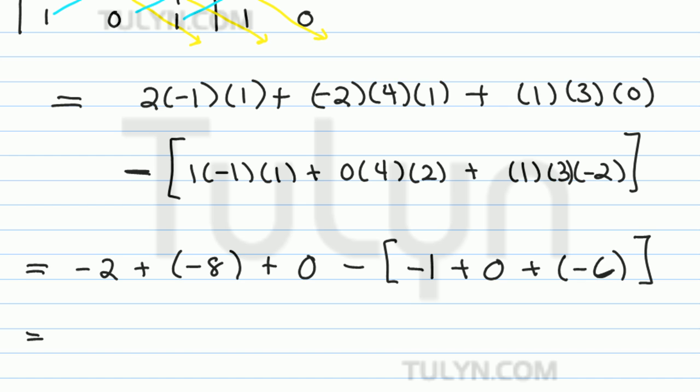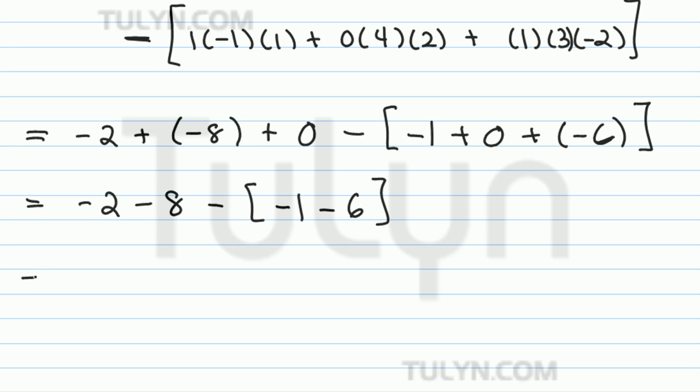So let's simplify. This becomes -2, -8, and then subtract the quantity -1, -6. Again, simplifying further, remember the PEMDAS rule. So we want to evaluate what's in the brackets first.